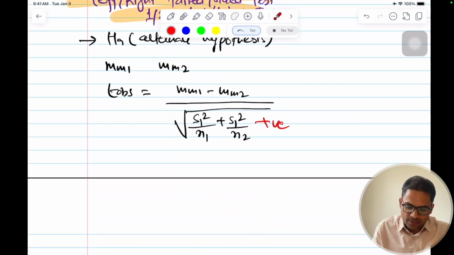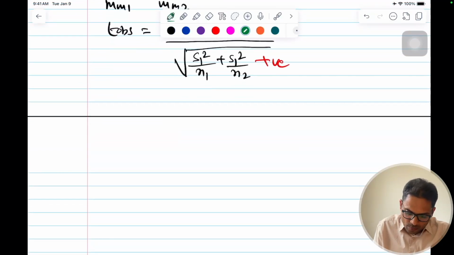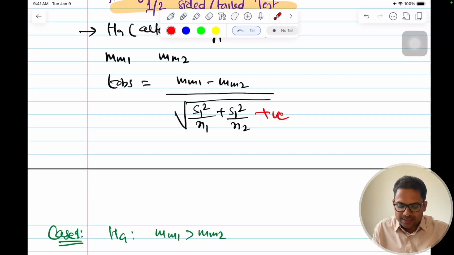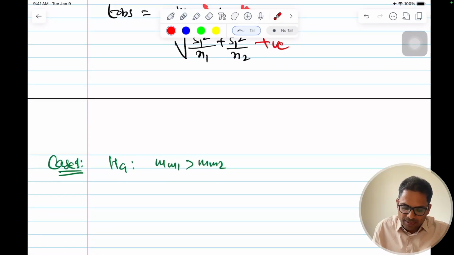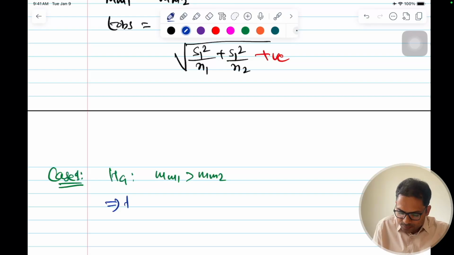Okay, so let's go one by one. Case 1: mm1 is greater than mm2. This is my alternate hypothesis, so I'll state the alternate hypothesis itself: mm1 is greater than mm2. If medicine 1 recovery time is greater, this term will be positive. So finally my t observed will be positive.